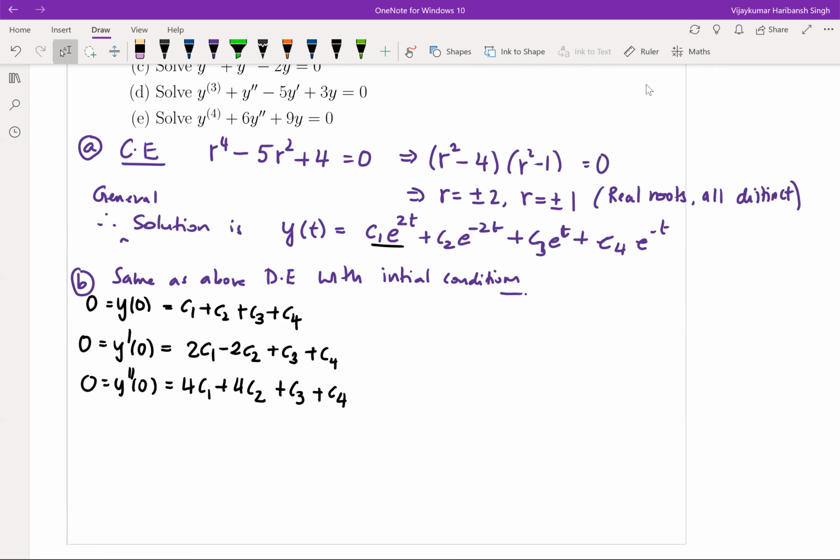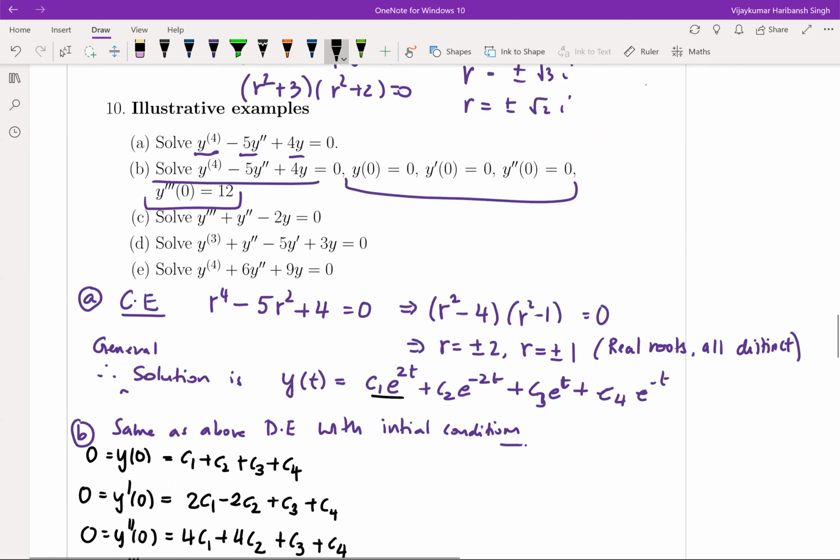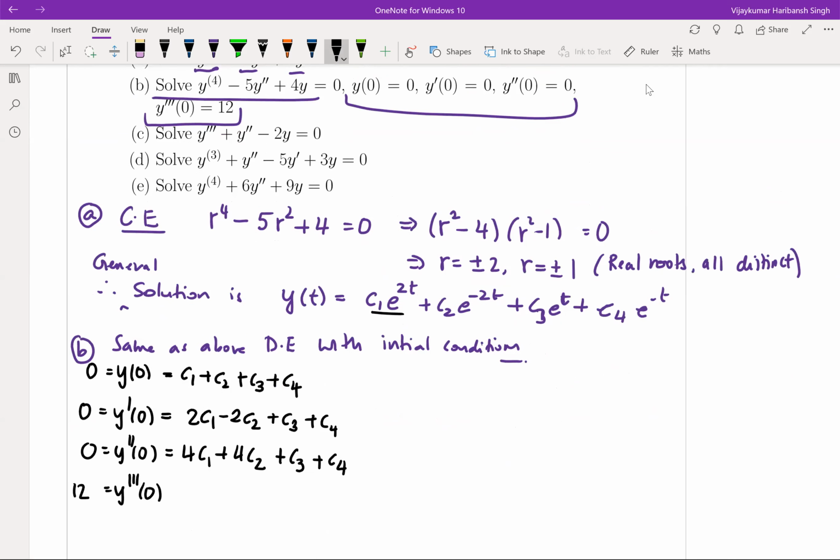And then y triple prime of 0, on one hand, is given to me as 12. On the other hand, I'll get 8c1 minus 8c2 plus c3 plus c4 equals this. So this is 4 equations and 4 unknowns.